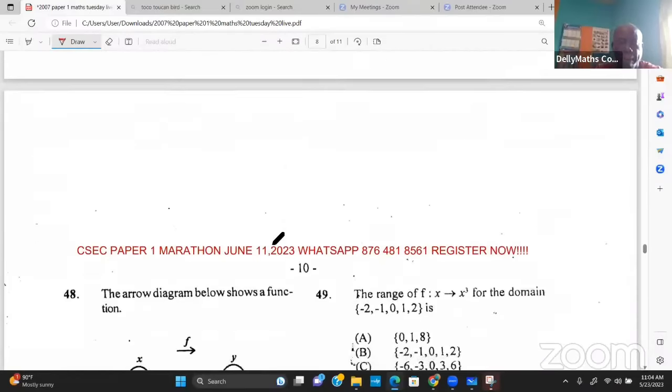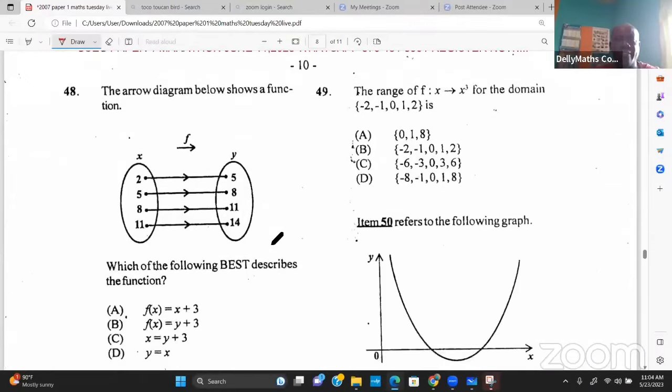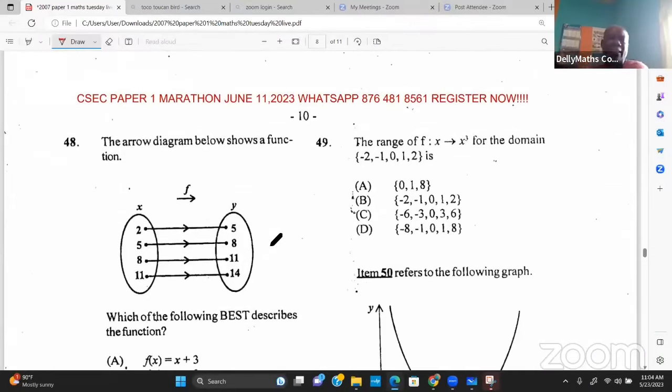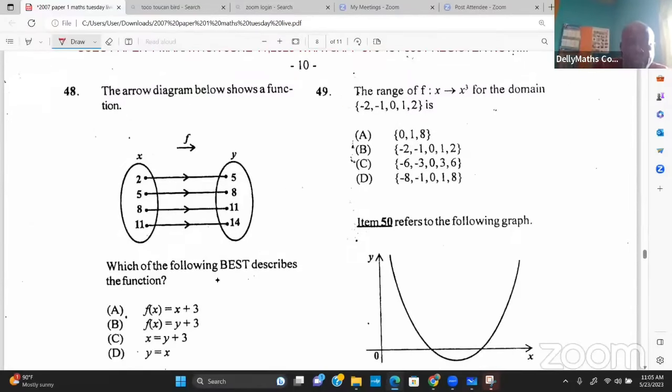All right. Let's go to 48. 48 says the arrow diagram below shows a function. So if you look, you're seeing a function right there. The question wants, which of the following best describes the function? You want to look at all of these and see which one.